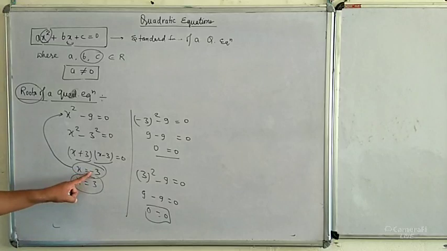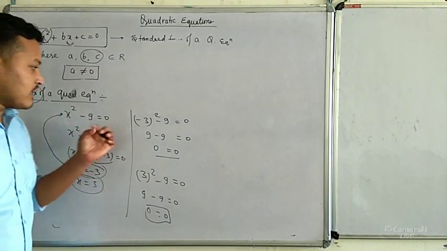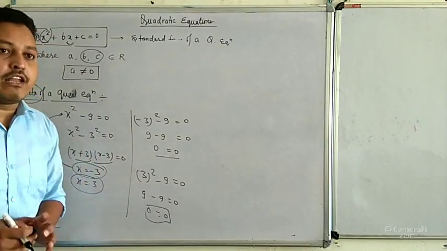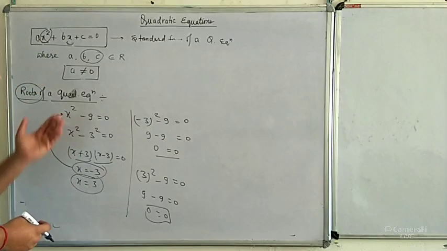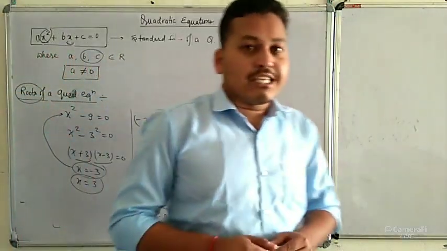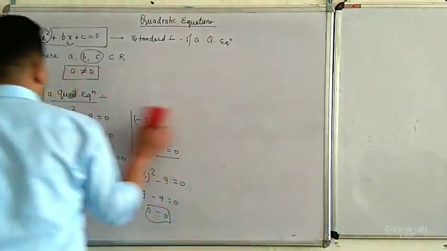So when we substitute these two values of x in the given equation, they satisfy it. When a value of x satisfies the given equation, that value of x is known as the root of that equation. I hope you understand the concept of root.